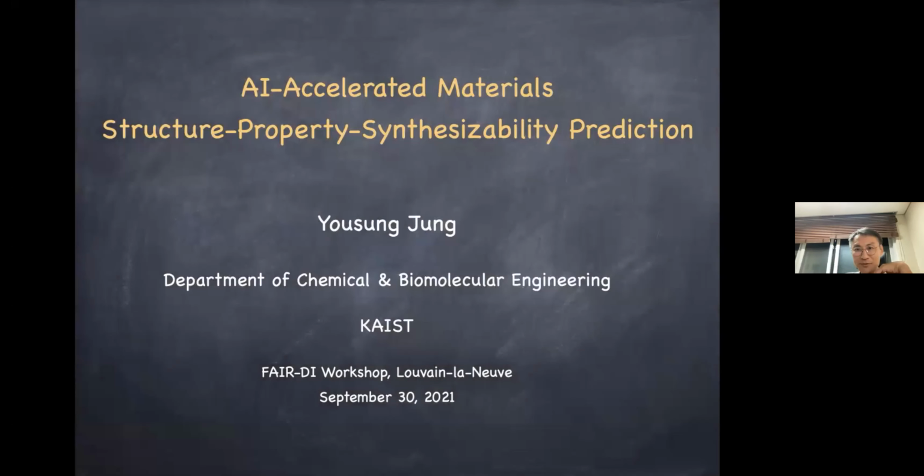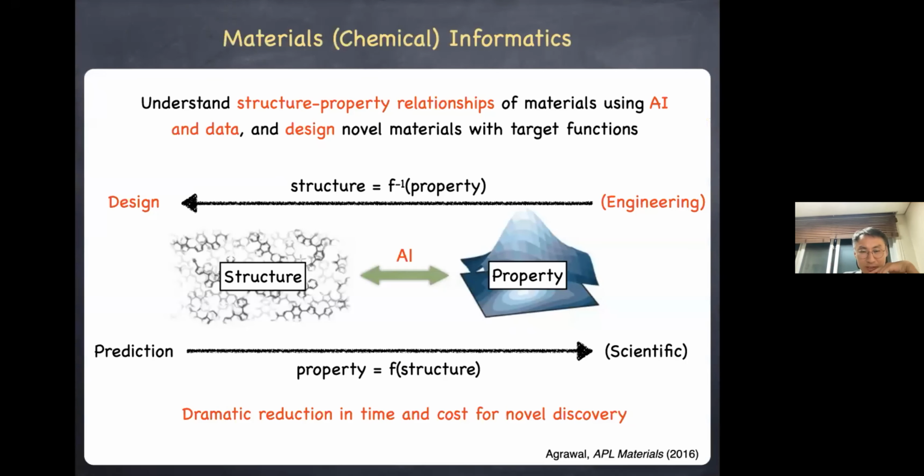Great. So it's a great pleasure for me to be part of this FAIR-DI workshop, and as we all know, in materials informatics, basically, what we want to do is to understand the structure-property relationships of materials based on data, and then predict the property of the materials given the structure, and that's the forward prediction.